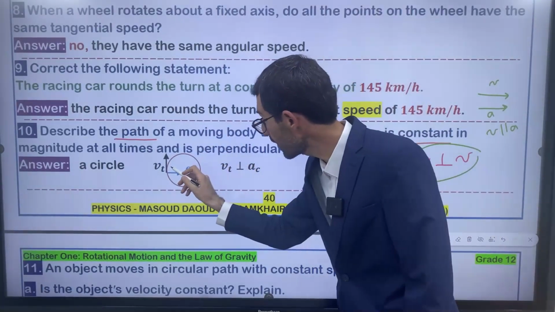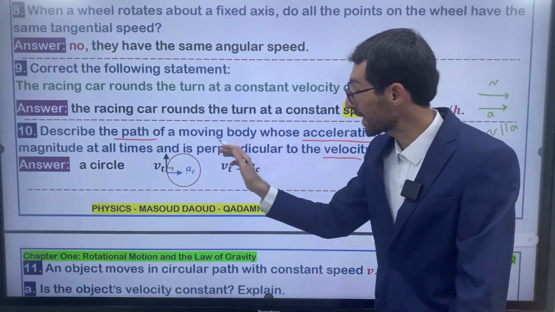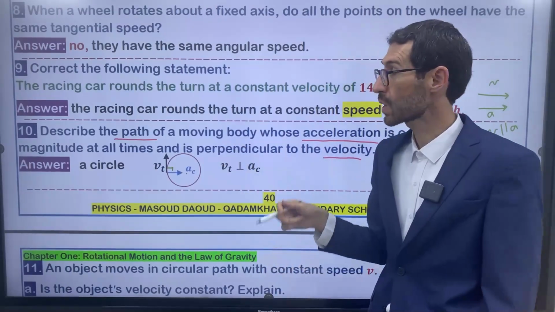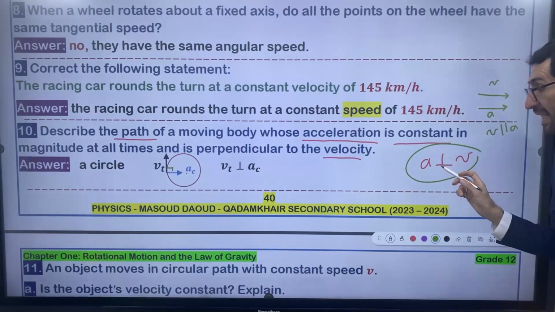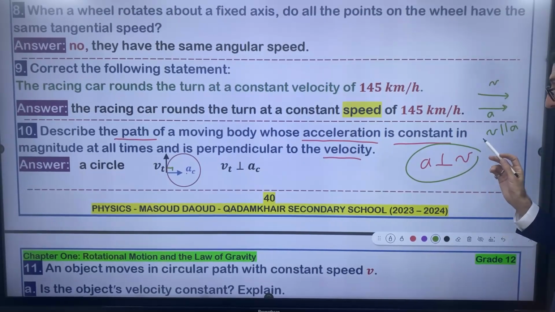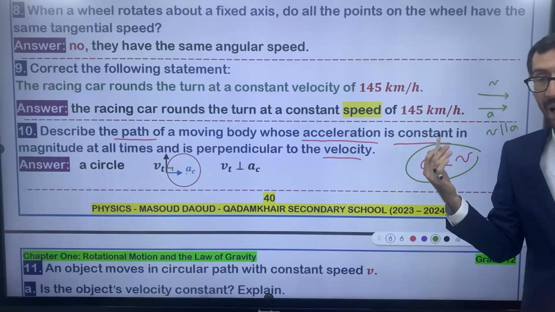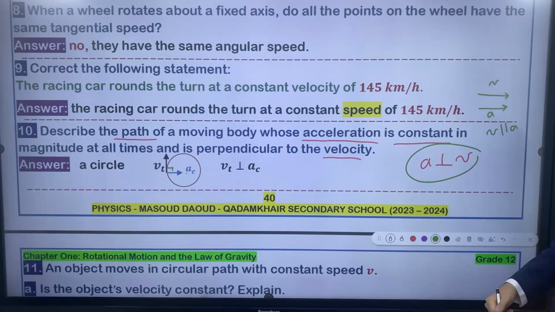So in this situation, they cut one another and make a right angle. That's why they are perpendicular. So for achieving this condition, the path should be a circular track, not a straight line.